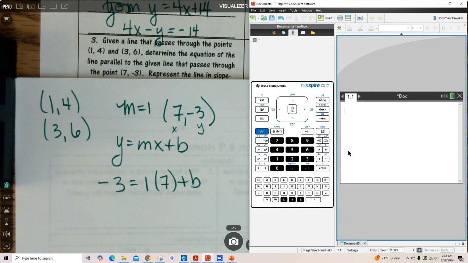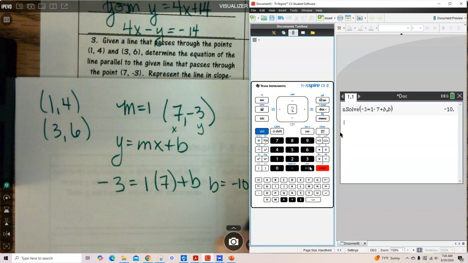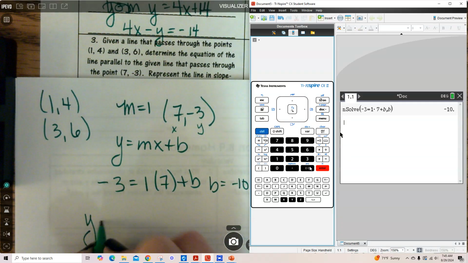Menu 3, 1, -3 equals 1 times 7 plus b, comma b, and we get -10. So b is -10. That means my parallel line has slope 1 and b is -10.